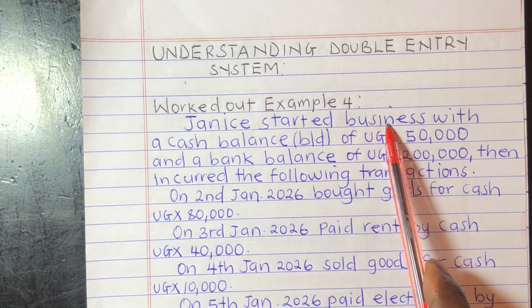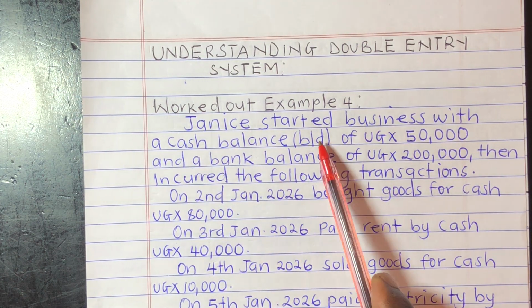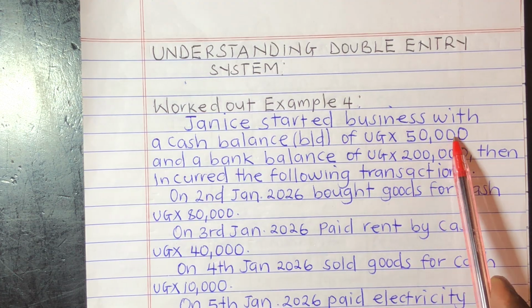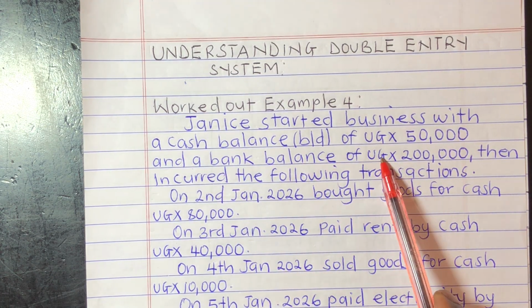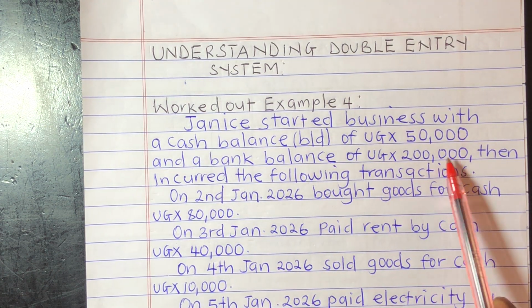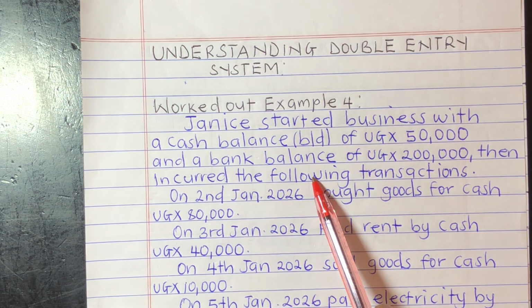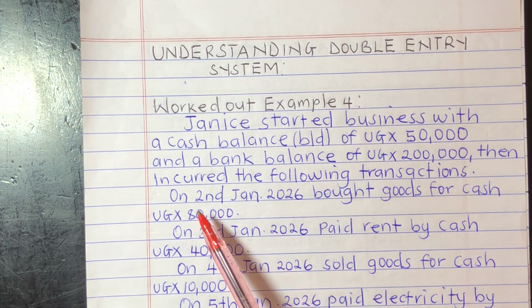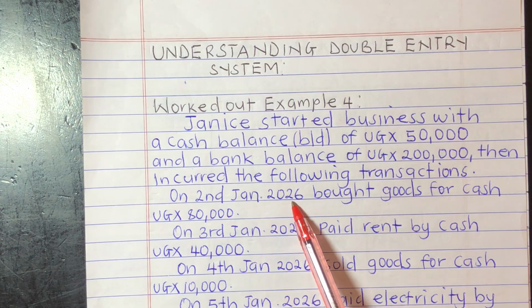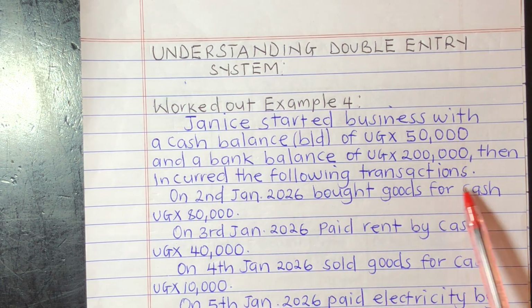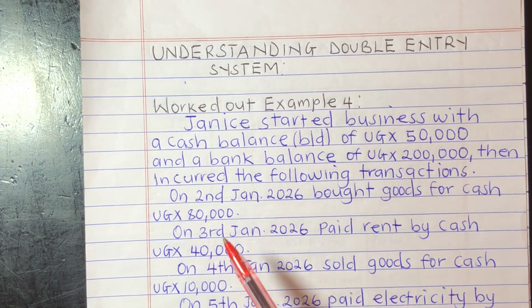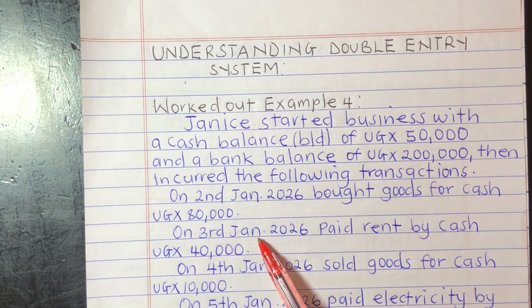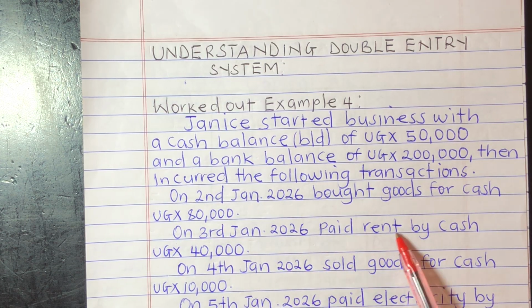Janice started business with a cash balance of UGX 50,000 and a bank balance of UGX 200,000. Then incurred the following transactions. On 2nd January 2026, bought goods for cash UGX 80,000. Then on 3rd January 2026, paid rent by cash UGX 40,000.